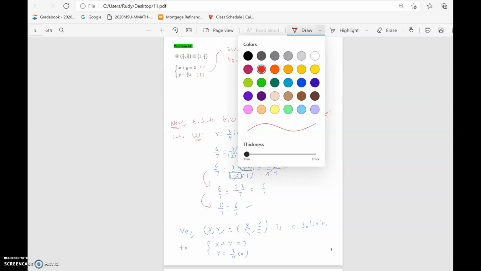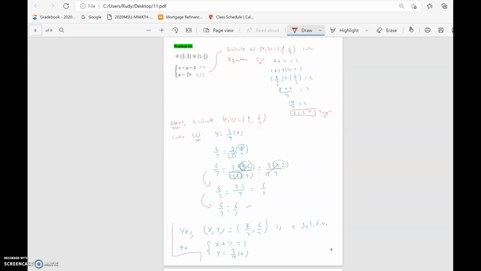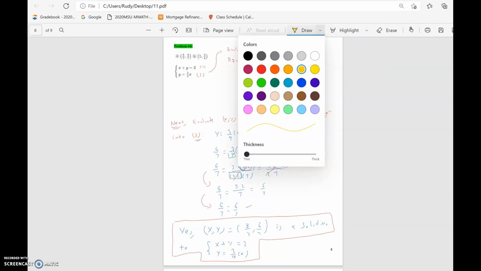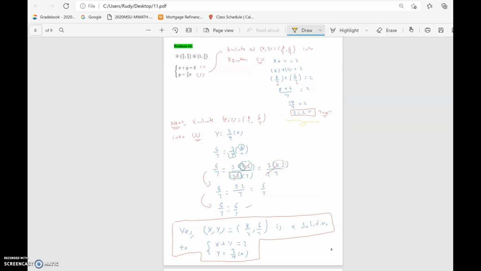Remember that when you're checking for solutions, you have to make sure that they come up with true statements on both of these. So we're expecting a true statement here, and also a true statement here. In this situation, yes, the coordinate point is a solution to the system of equations.